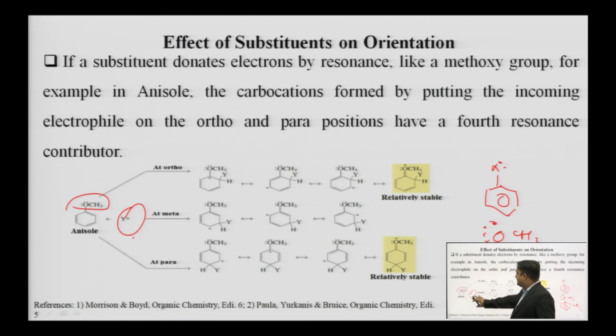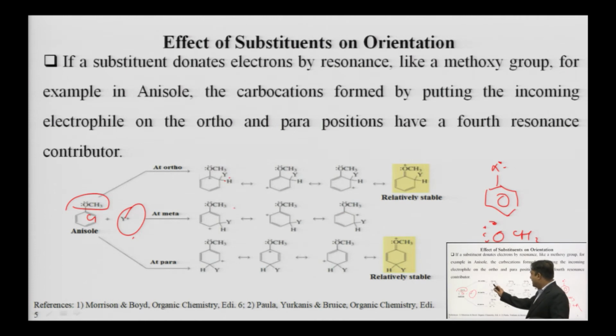So, when this Y plus attacks on the ortho position, this bond will be broken, and a positive charge will be induced on the carbon which is directly attached to the oxygen of the methoxy group.